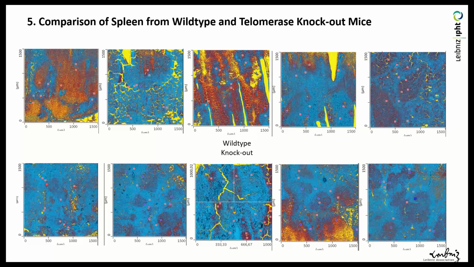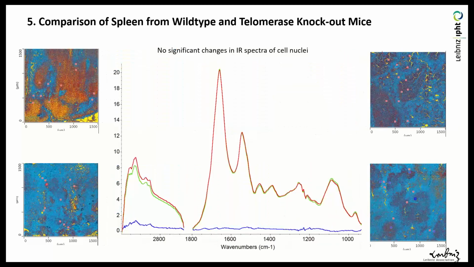Altogether, we studied 10 tissue sections from wild type and telomerase knockout mice. When you knock out the enzyme telomerase, this affects the aging of the mouse, and we wanted to study some age-related effects. However, when we compare the spectra of the cell nuclei, there was almost no difference.